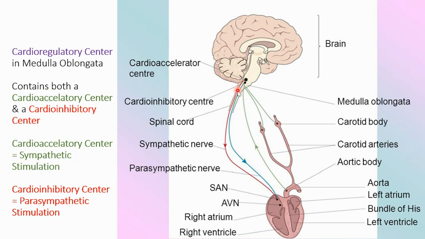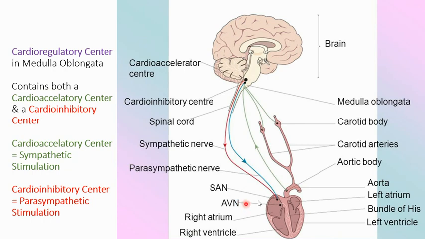So if you follow the red lines, that's going to be the cardioinhibitory center. Let me make sure I'm reading that right. Parasympathetic is the blue line. The sympathetic is going to be the red line. So the blue line is going to be the cardioinhibitory response, and the red line, because it's sympathetic, is going to be the cardioacceleratory response. They're both targeting the sinoatrial node and the atrioventricular node.